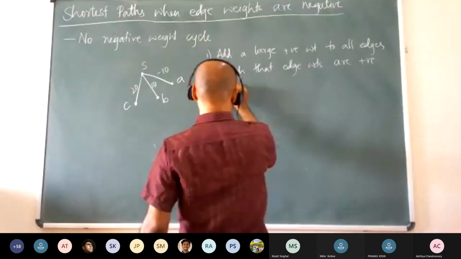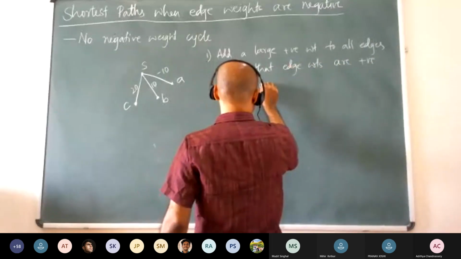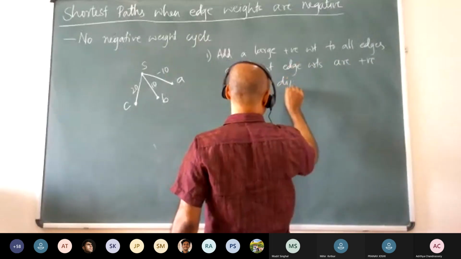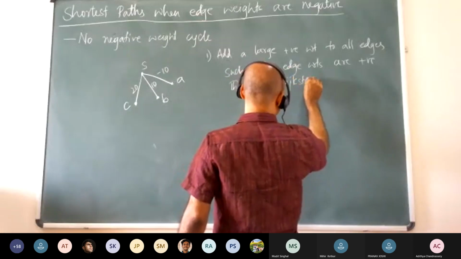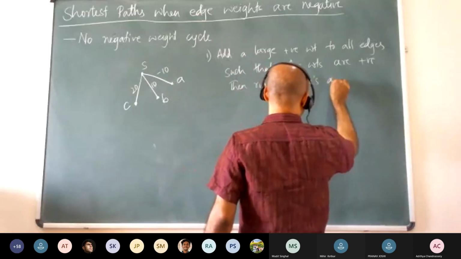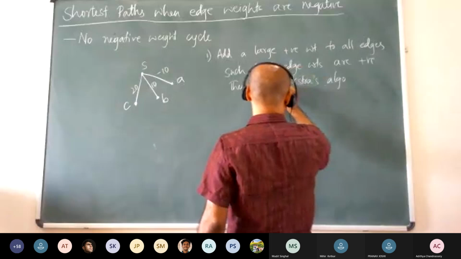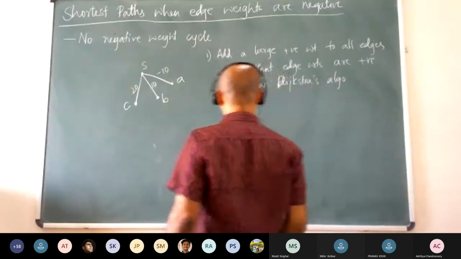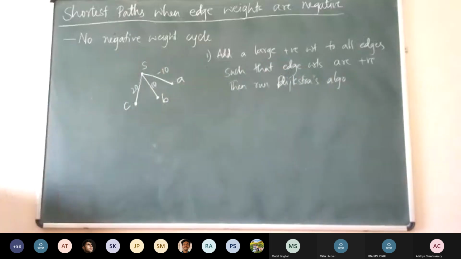Then run Dijkstra's. Right. So this is one idea of Meir.